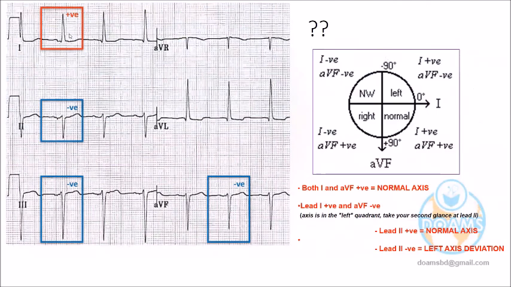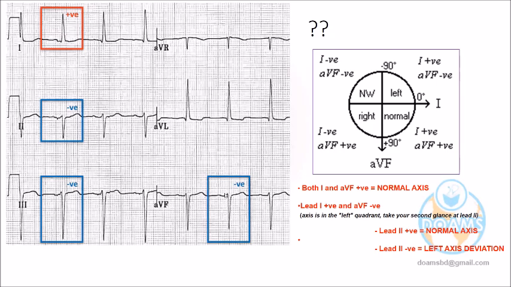Now come to the difference. Already we have discussed a little before the tall R wave, S wave, left ventricular hypertrophy. And within left ventricular hypertrophy, the hidden information is the axis deviation. Now look at lead I, R is tall, and in aVF, on the other side, S is more down.